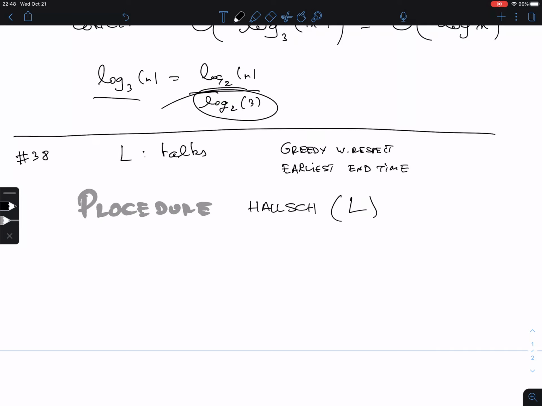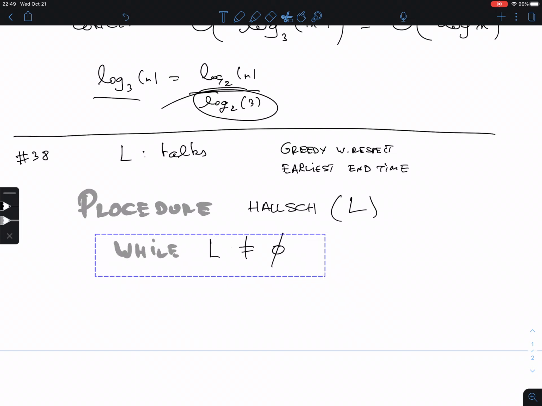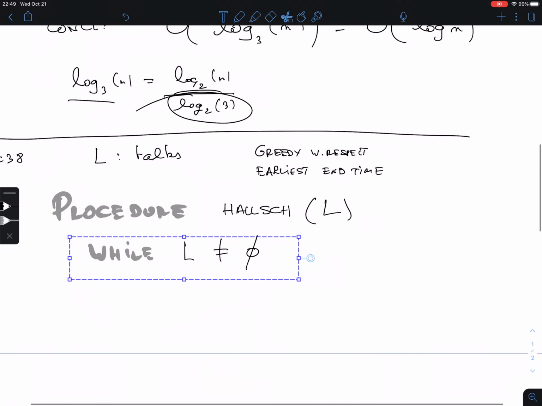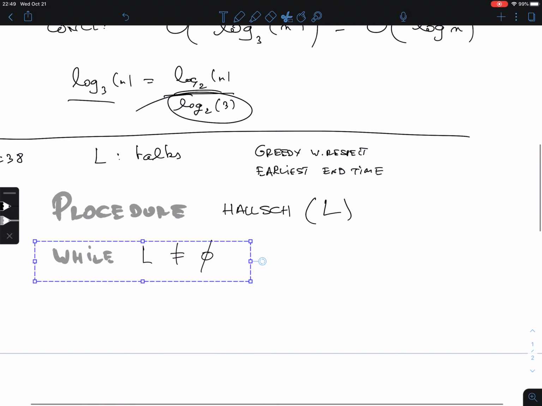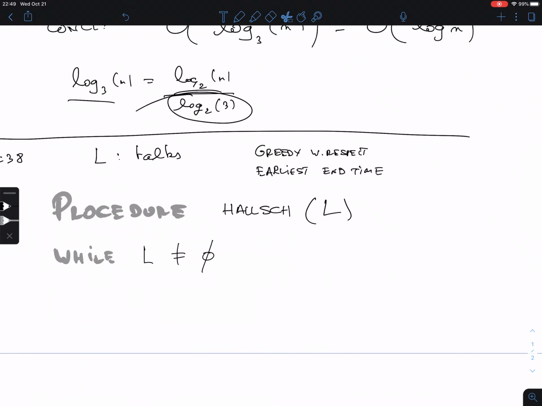So we will change our list, and therefore we have this: while the list is not empty. And we know at some point the algorithm is going to make this list empty, and therefore it will jump out of this loop. Sorry, this should have been aligned. All right. So there we go.